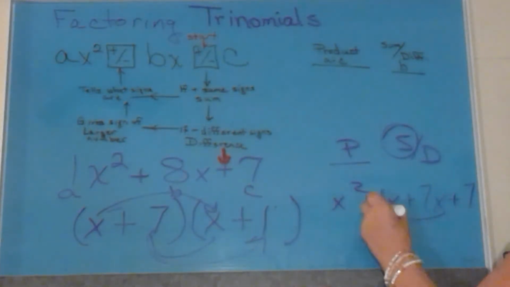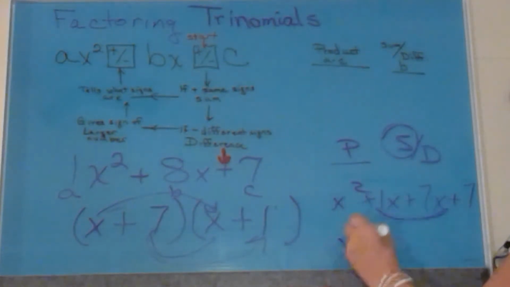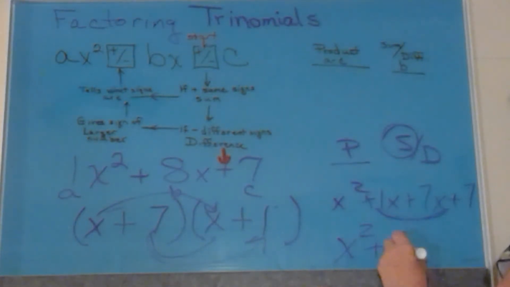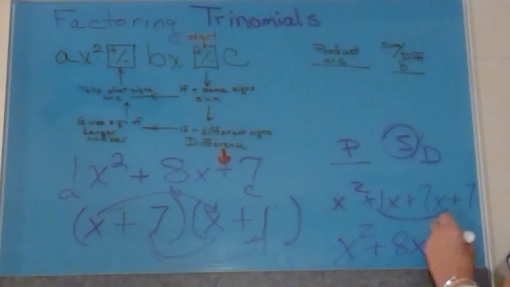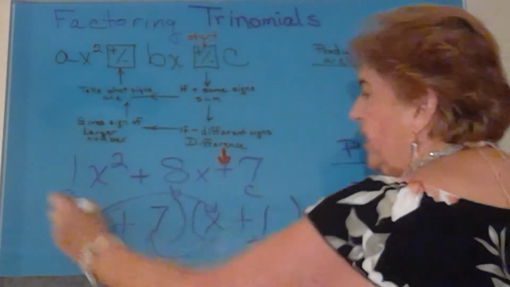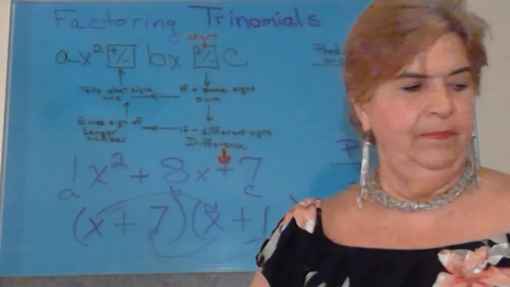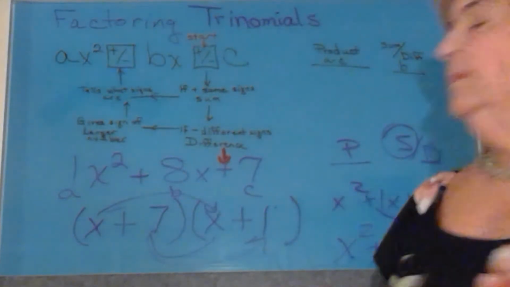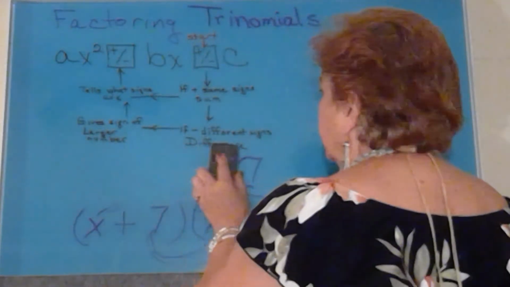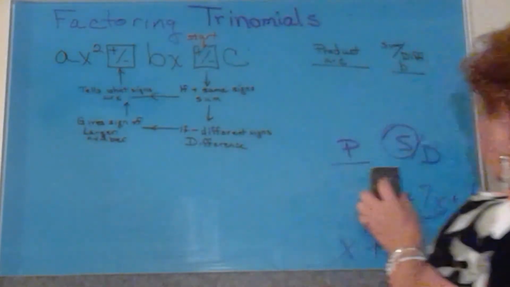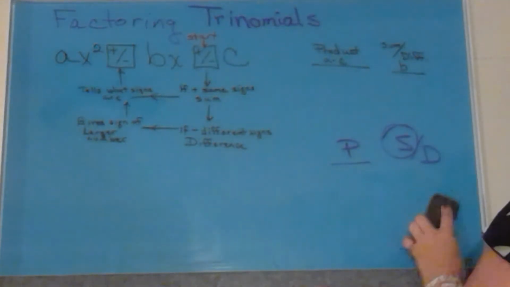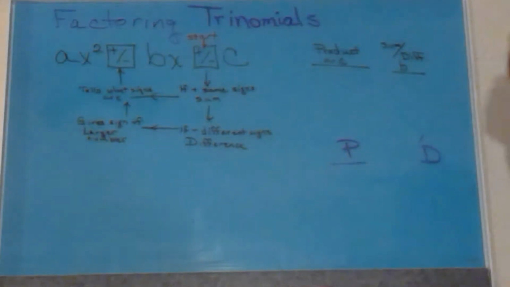And when you combine the middle 2 terms, you get x squared plus 8x plus 7, which is exactly the same as what we started with. As soon as I get this erased, we will look at another problem.